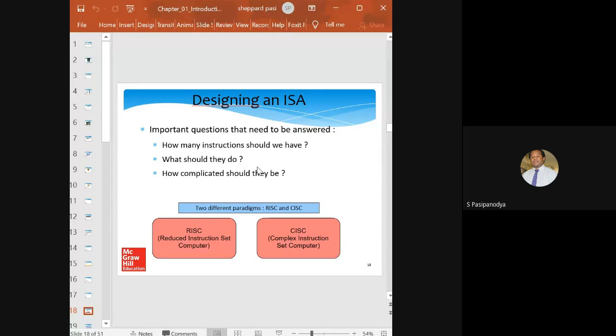These 3 questions result in the creation of 2 paradigms when it comes to instruction set architecture. We have what are known as RISC-based computers or reduced instruction set computers, and CISC-based computers or complex instruction set computers.